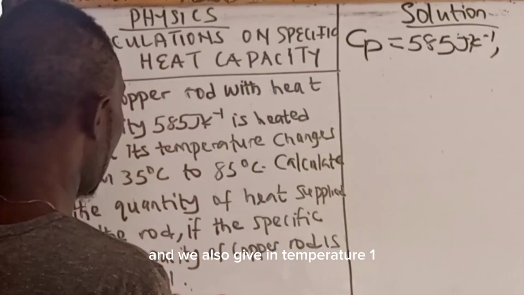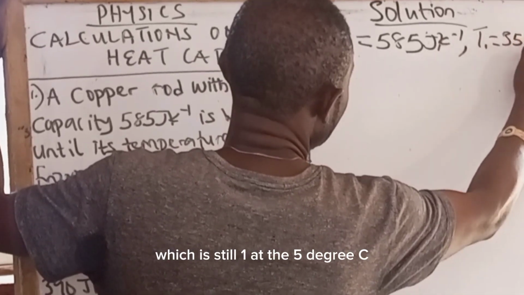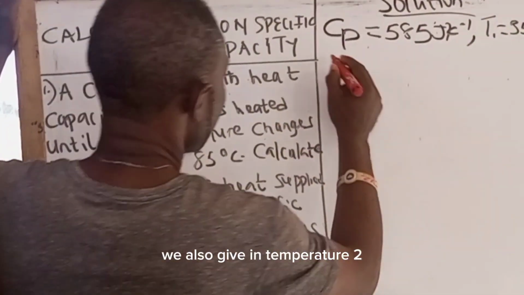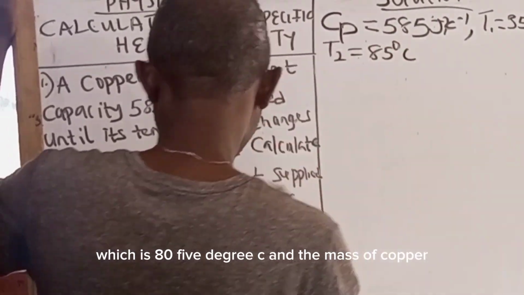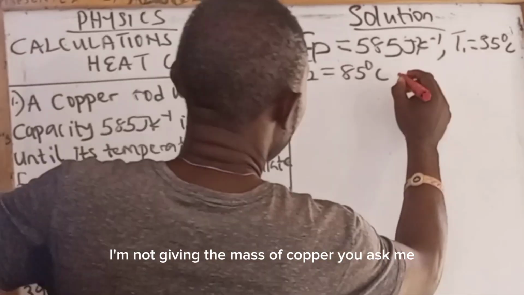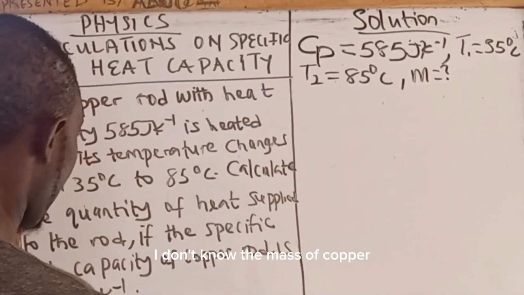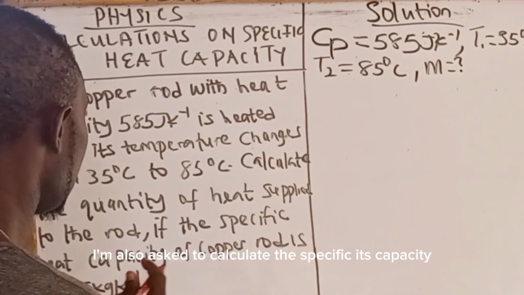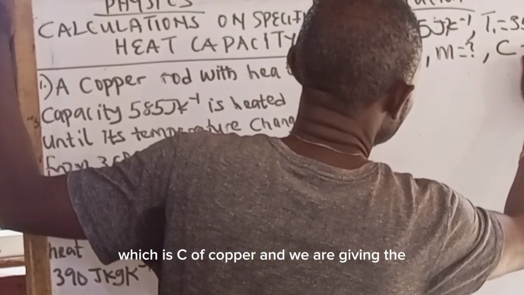We are also given temperature 1, T1, which is 35 degrees C. We are also given temperature 2, which is 85 degrees C. And the mass of copper, we are not given. We don't know the mass of copper, and we also have the specific heat capacity, which is C, of copper.